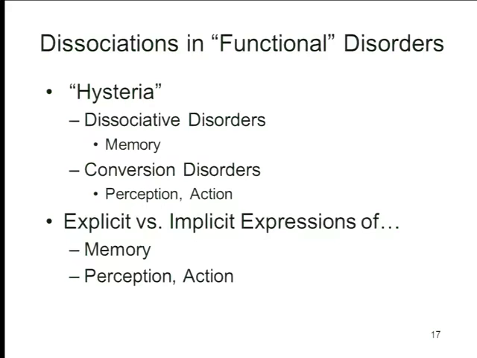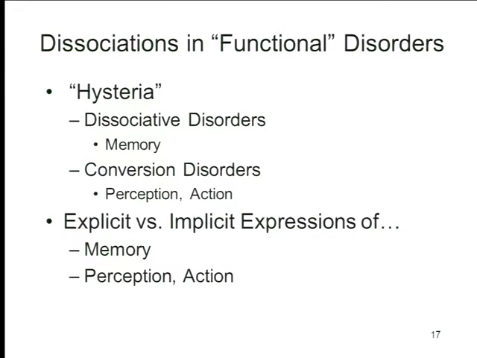In the modern dissociative disorders, amnesia, fugue, multiple personality, derealization, depersonalization, what you're getting is a dissociation affecting conscious memory. Person does not consciously remember things that he or she should be able to remember, but those memories can still influence people's behavior.